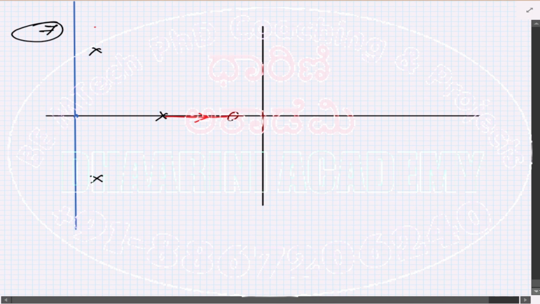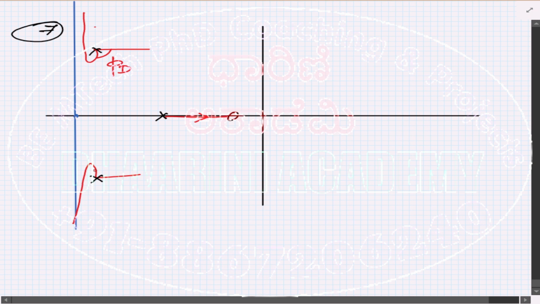I'll just write this. Let's assume it starts like this, and I should have another one like this. So this angle is the phi d, for phi departure, angle of departure.